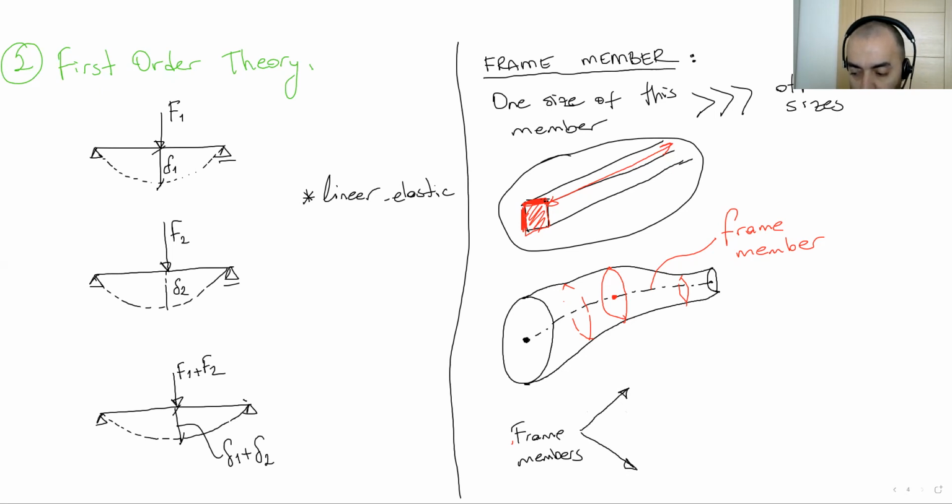Two types of frame members, depending on sections and depending on the axis. According to the axis, linear members.